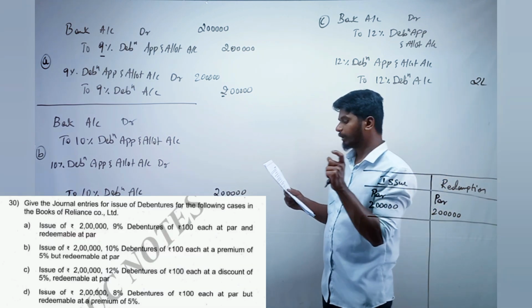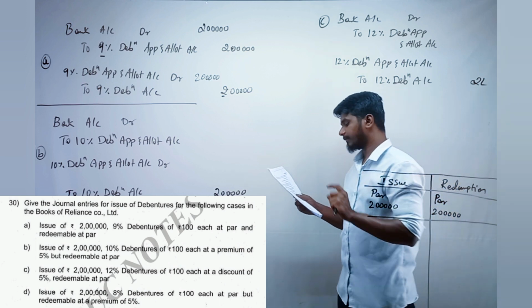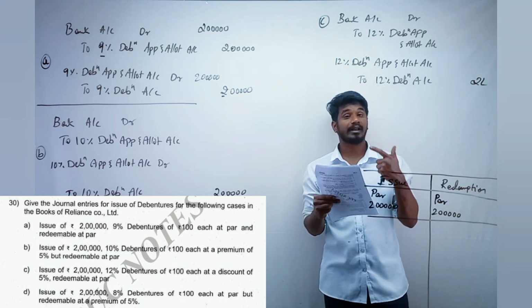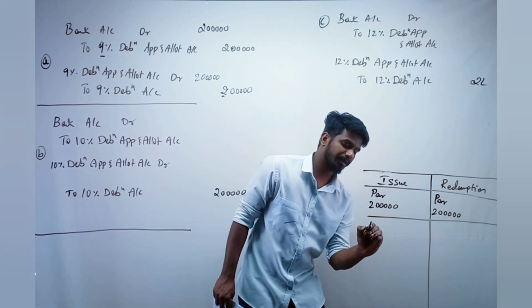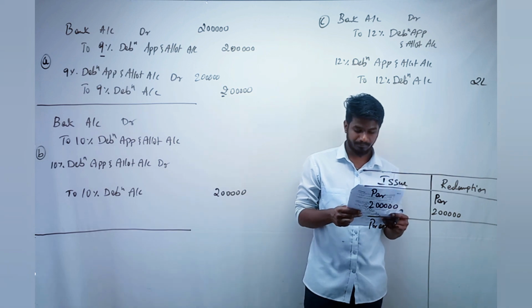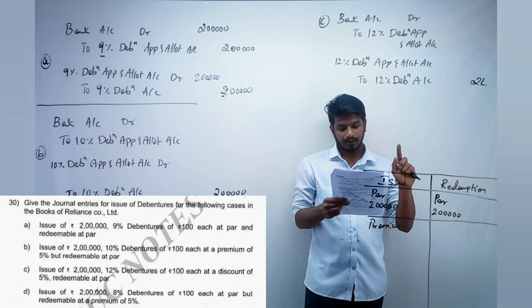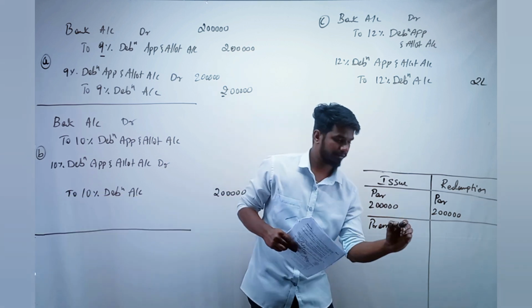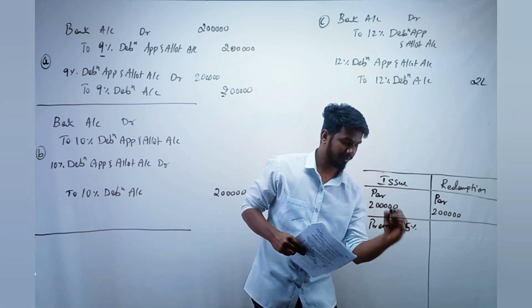Issue of 2 lakh 10% debenture of 100 each at a premium, issued at premium, and redeemable premium is 5%, you can note it on 5% premium.